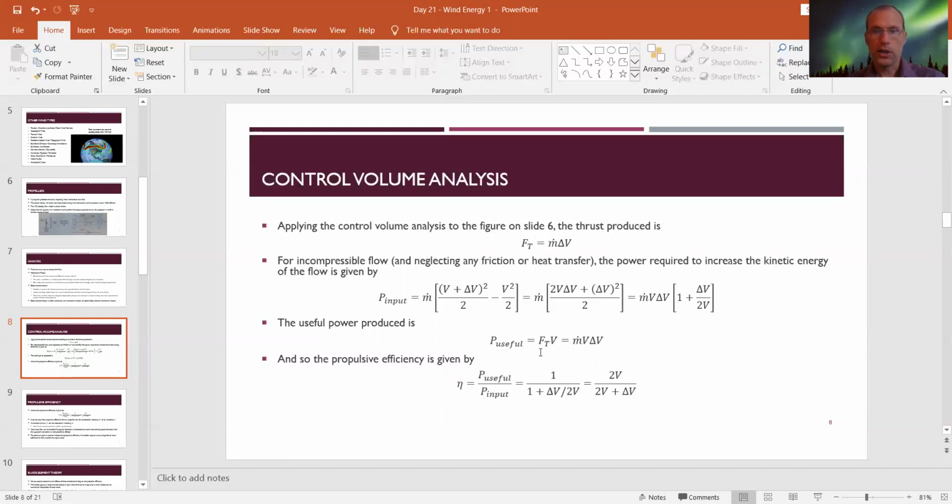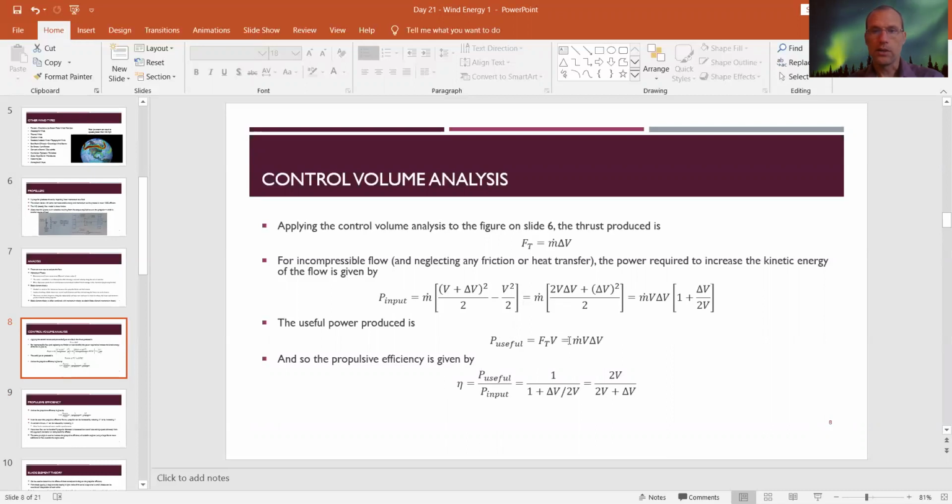And so the useful power is the thrust, the force, times velocity. So it's the standard equation for power, force times velocity: force of m dot delta v, velocity times v, I get m dot v delta v. And so my propulsion efficiency is useful power coming out over power going in. Power going in is this change in kinetic energy.